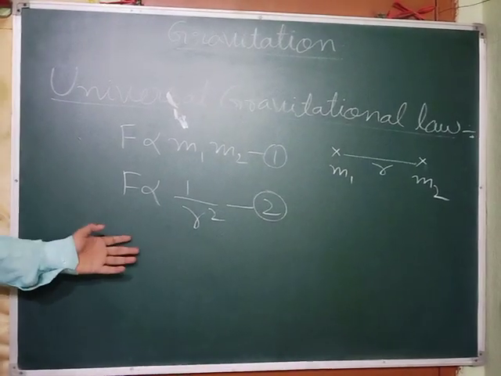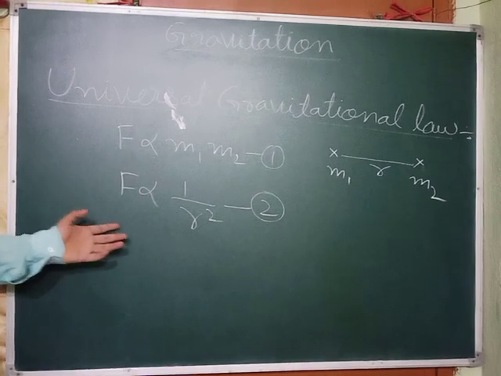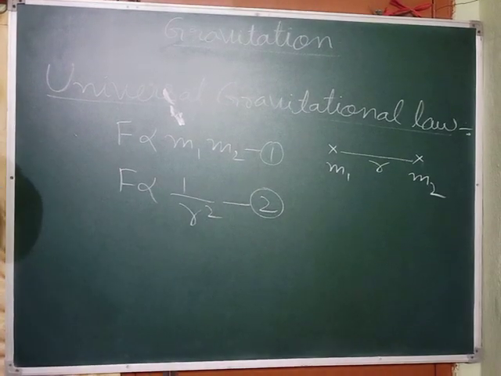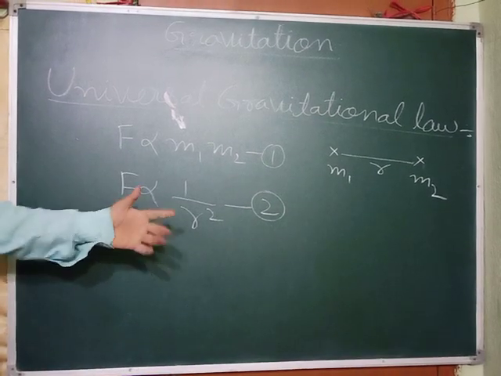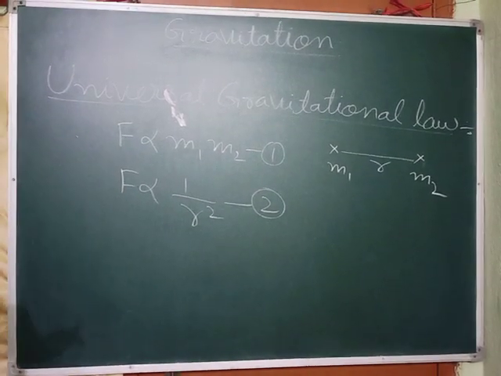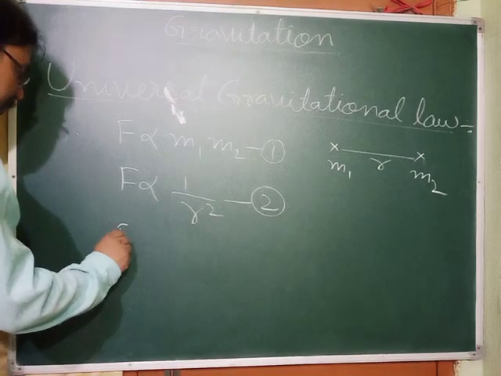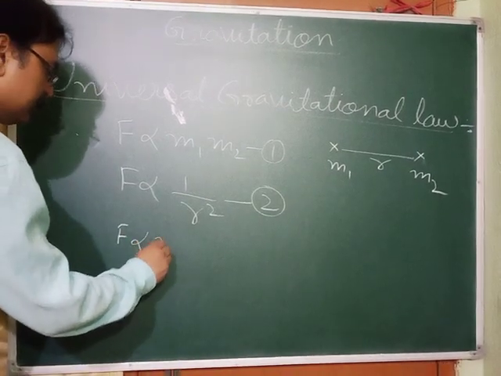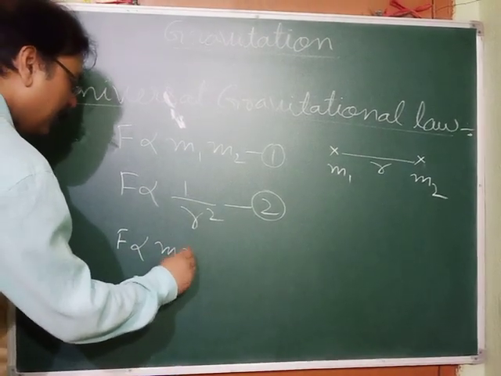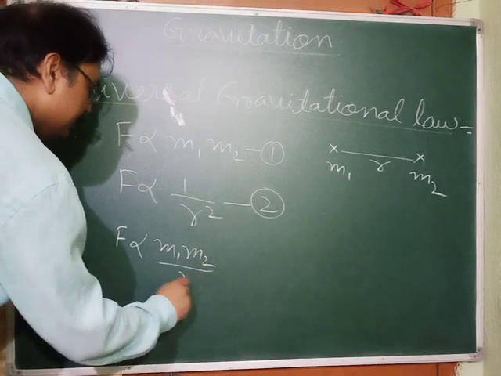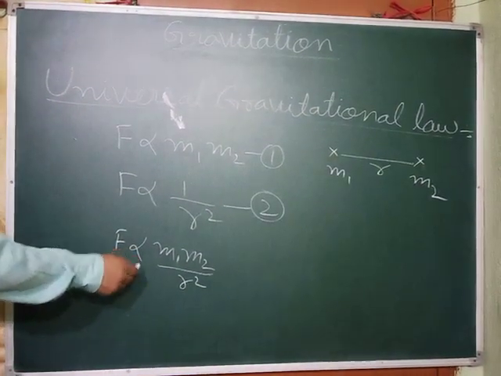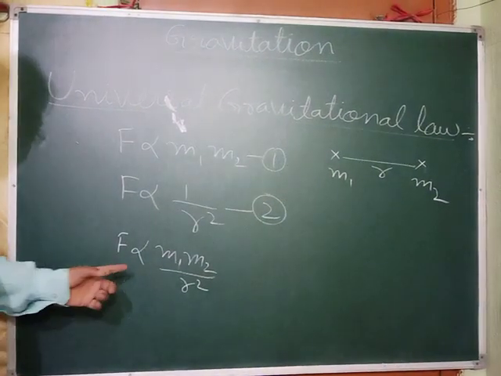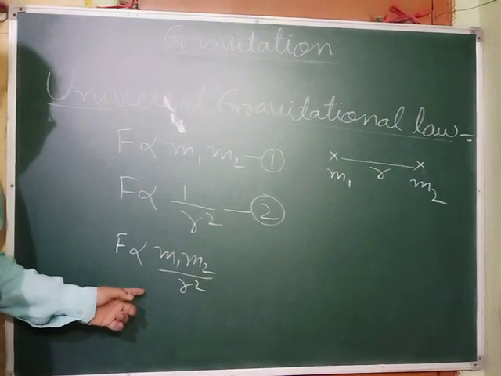Now let's come back to this expression. After this you write, from equations 1 and 2 we get F is proportional to m1 m2 upon r square. Whenever there is a proportionality sign, we remove it and place an equality sign.